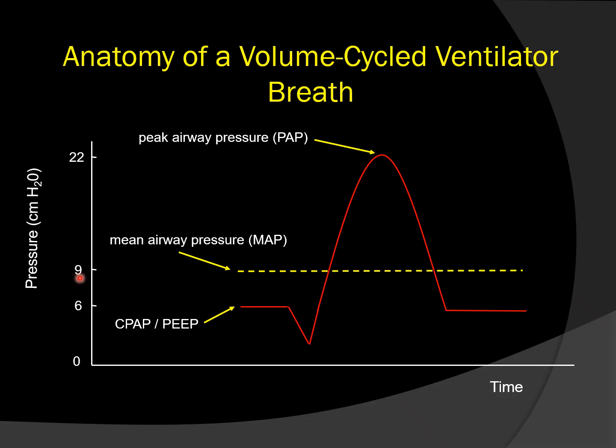The reason the mean airway pressure in this example is 9, not the middle number, is that we spend much more time at 6 than we do at 22. And in fact, we're only at 22 for a little bit of time. We're at 20, 18, 14. So on average, the pressure in this type of a breath is very close to the CPAP. It's only 9 when the CPAP is 6.